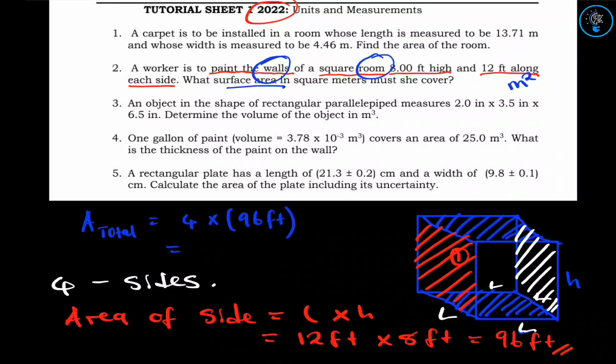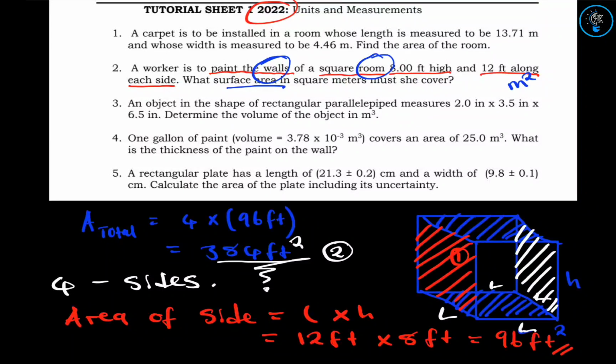And that will be equal to 384 feet. Remember, area is squared, so there it must be squared as well. Okay, so when you arrive at this stage, let's say the question has 3 marks, you can be given 2 marks up to this stage. But we are not yet done.